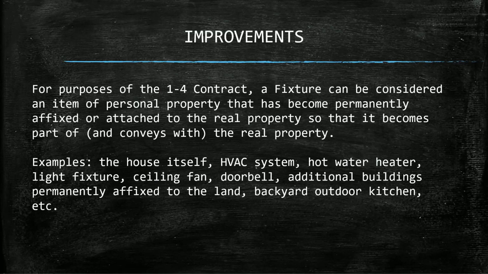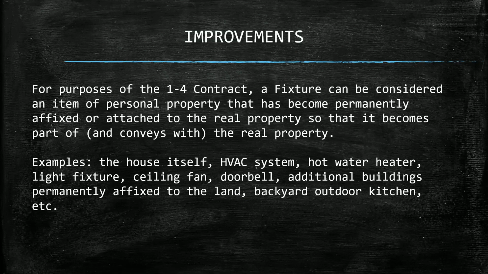So if we think about a hot water heater, I drive to Home Depot, I buy a hot water heater, put it in my truck, drive it back to the house. At this point, it's personal property. But once I install it, I bolt it in place, I hook up the water, I hook up the gas, I hook up the electricity permanently. Now it's part of the house and it conveys along with the real property.